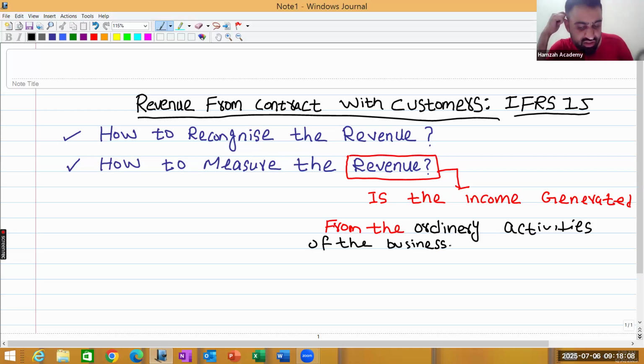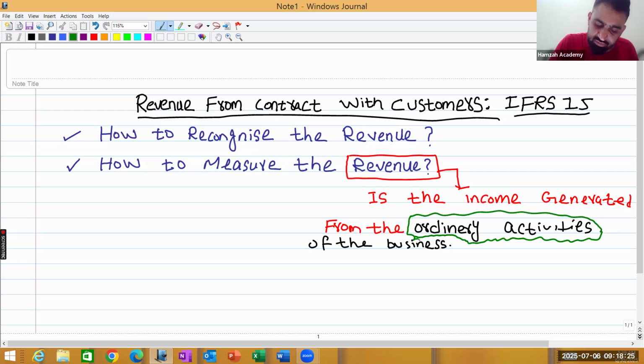Ordinary activities mean the normal trading activity for which the business has been established.